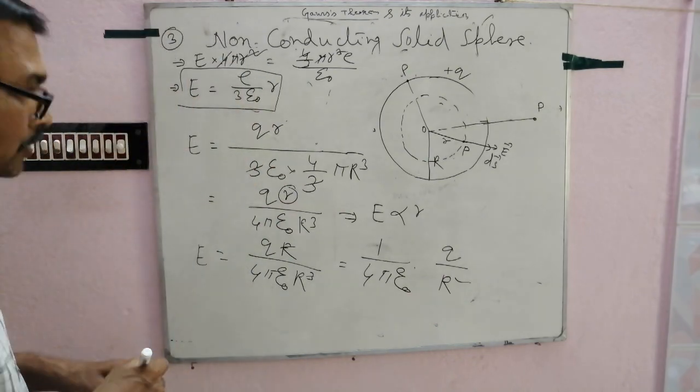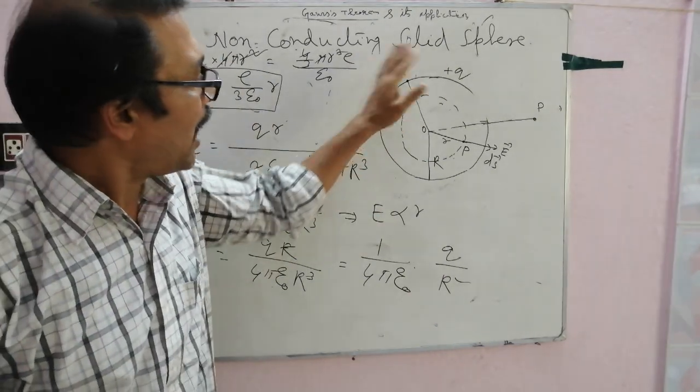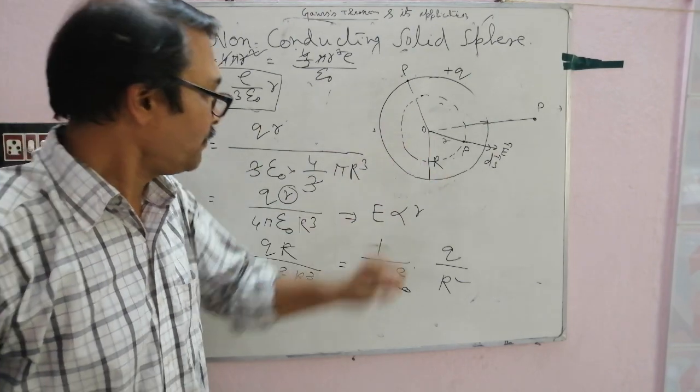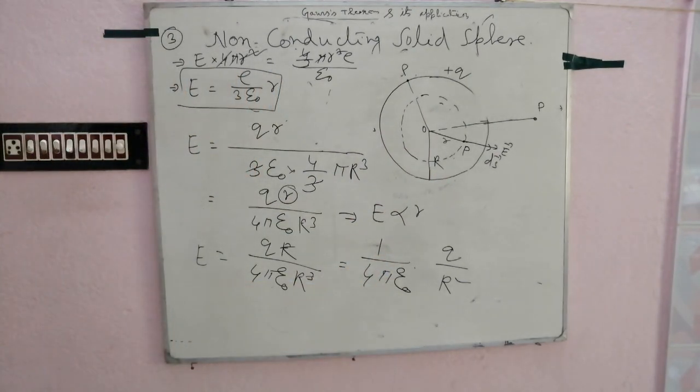Similarly, in case of an outer point, the total charge acts as a point charge, 1 by 4 pi epsilon naught q by r square.